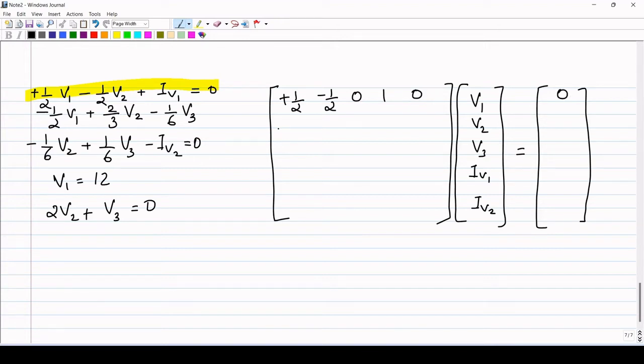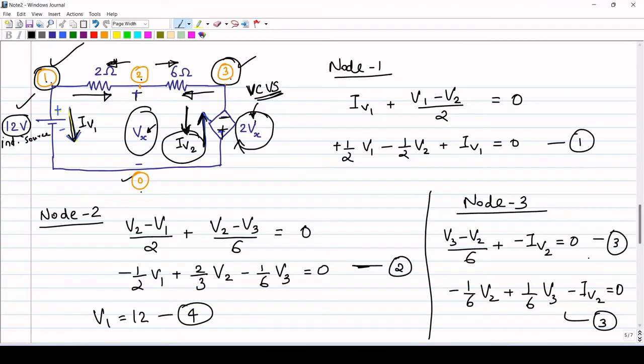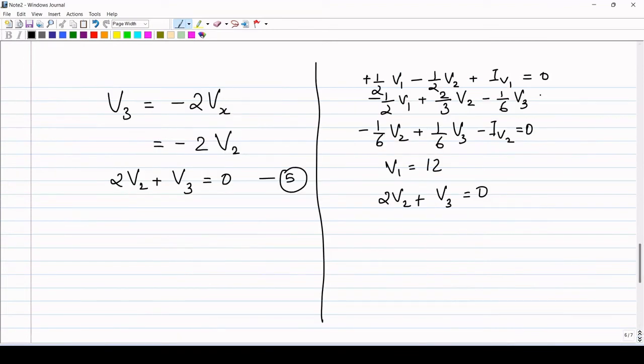Second equation is minus half V1 plus 2 by 3 V2 plus minus 1 by 6 V3 plus 0 IV1 plus 0 IV2 equal to 0.